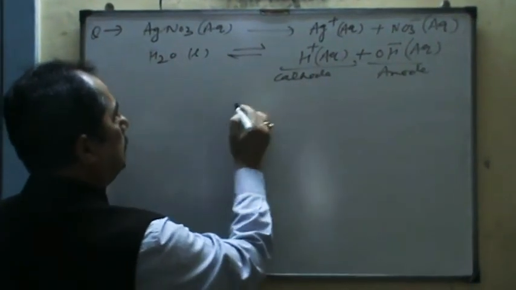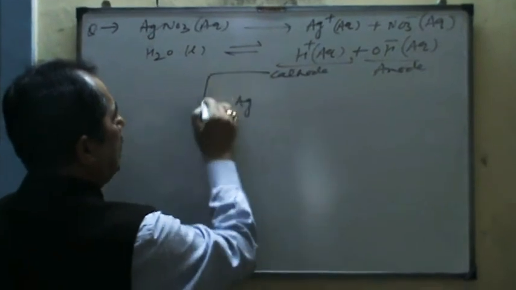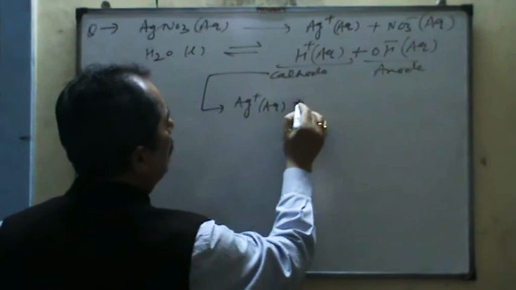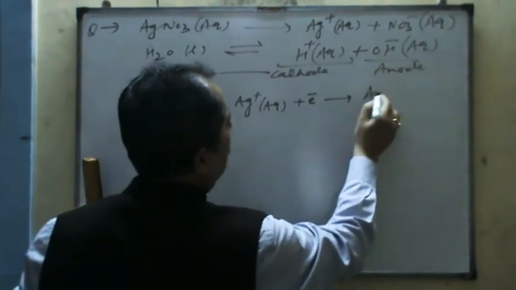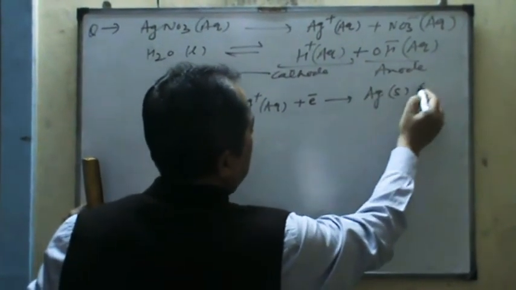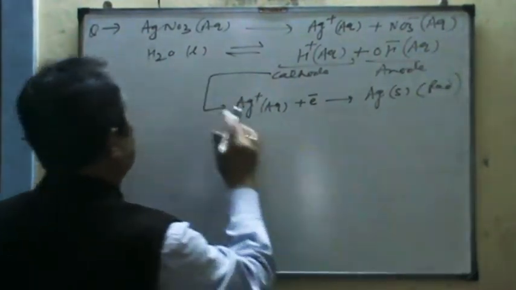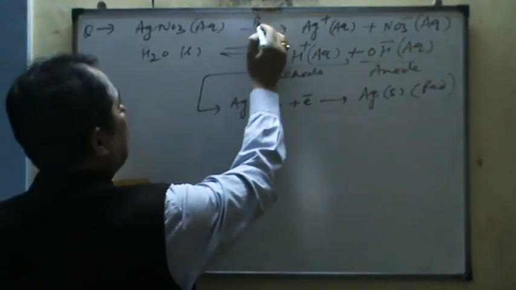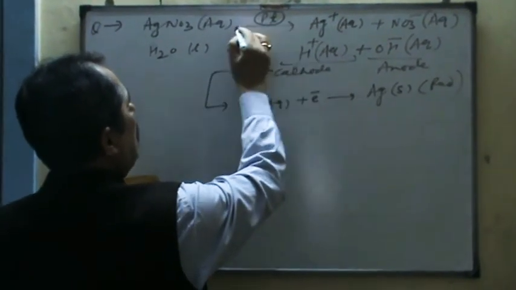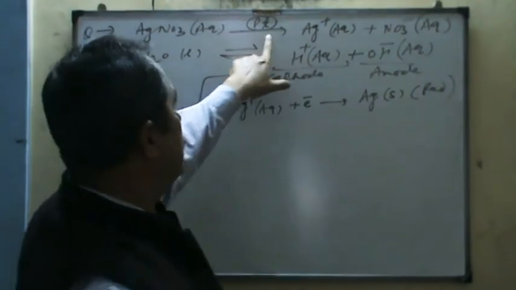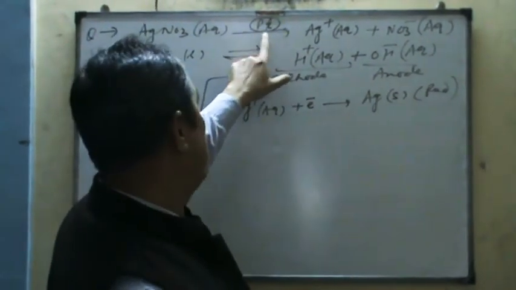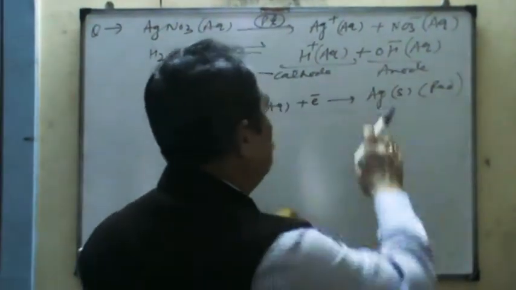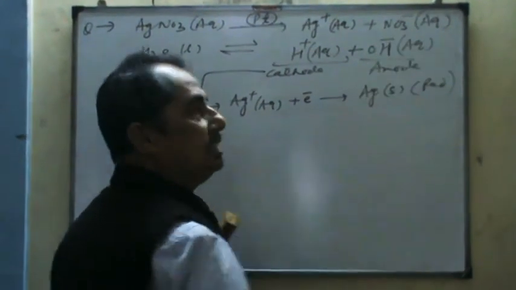So at the cathode, Ag+ (aq) plus 1 electron gives Ag solid. It is a part of reduction. At the anode, this reaction is going to take place in presence of the platinum electrode. I am missing that, platinum; you applied platinum this time. Then nitrate and OH- ion: OH- has more oxidation potential than the nitrate ion.